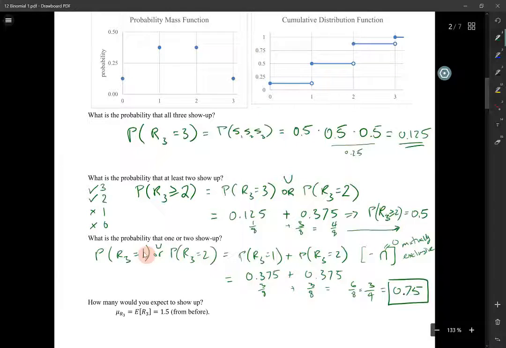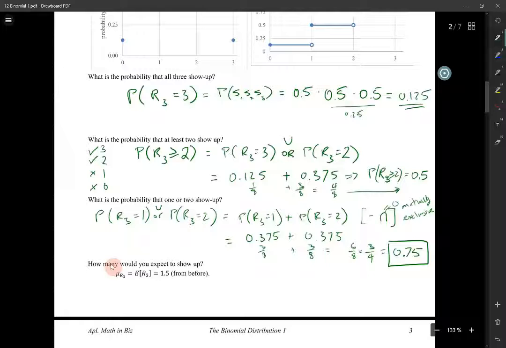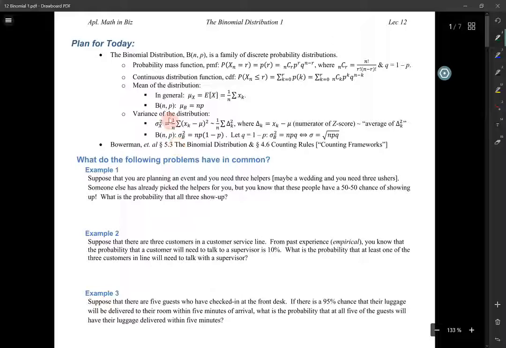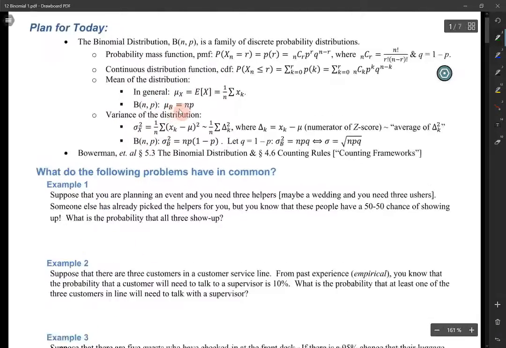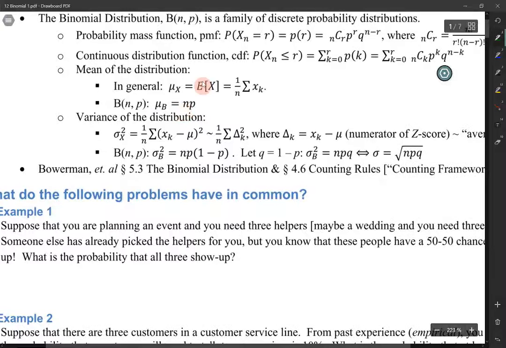Now the question is, how many would you expect to show up? Remember that the definition of the expected value, or the mean, has this form here.